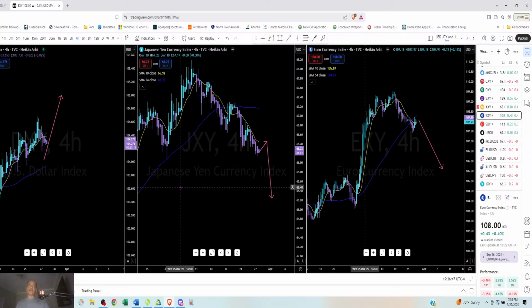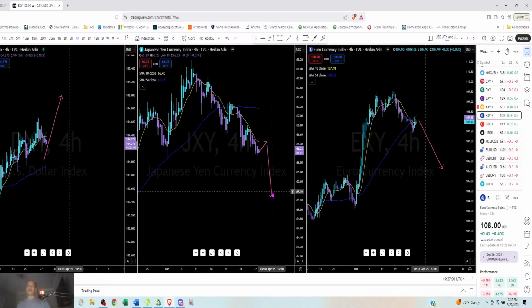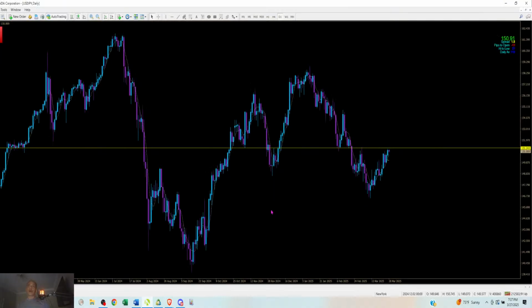By looking at the indices, potentially we could be looking for US dollar yen longs. If this uptrend continues on this index and we do get that pullback and then reversal lower, then that would set us up for US dollar yen longs.